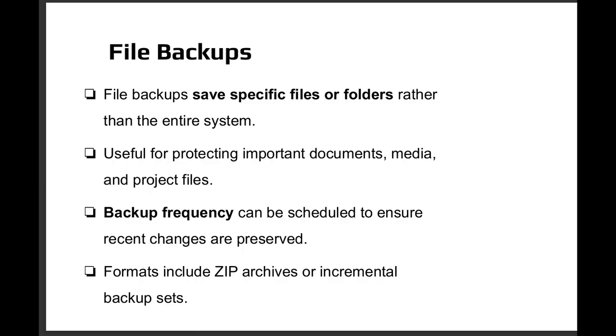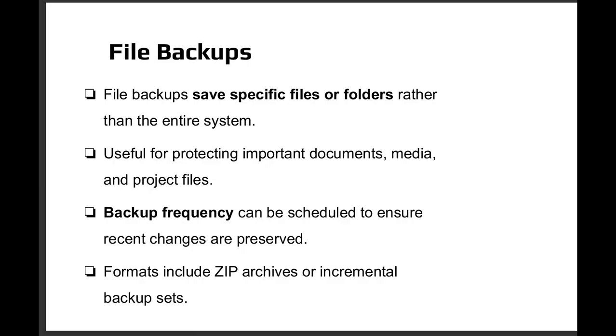A file backup is one that will save individual specific files or folders, rather than the entire system. We use file backups for our critical and our sensitive data. We can create individual file backups for documents, media, and confidential project files. We can then control the access to our file backups by creating permission levels and individual users that have the proper access.